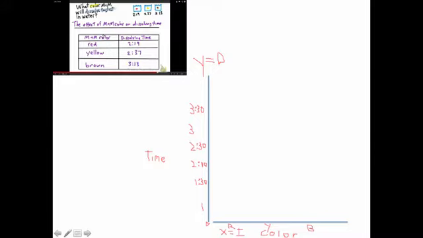So then the next thing I'm going to look at is I'm going to say, okay, here's my red. And it was at 219. So for this one, you could either make a bar graph or a line graph. If you make a bar graph, then you're going to go to 219. So if this is 2 and this is 230, that means 219 is going to be somewhere about right here, not quite to 230.